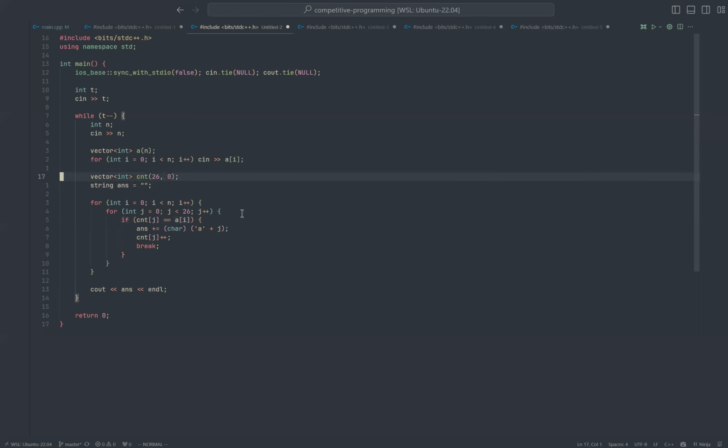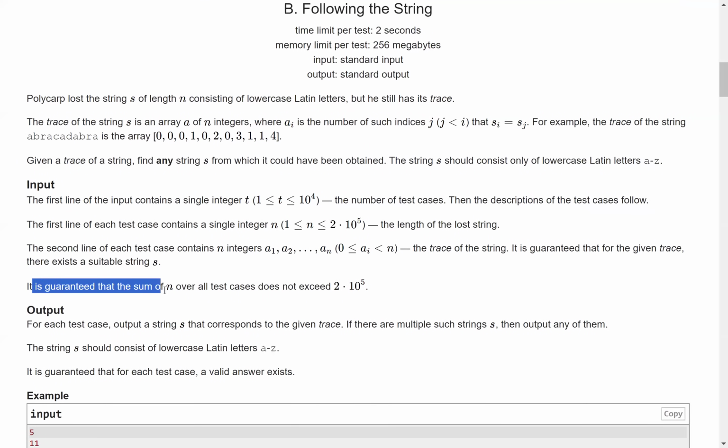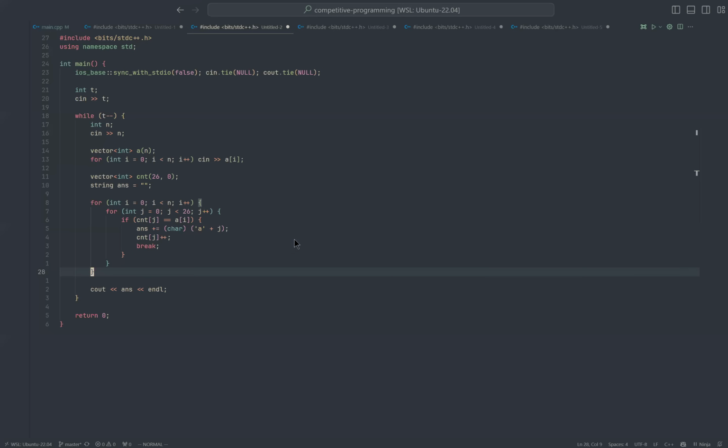Will this not TLE, because n has a bound of 10 to the power 5, and t is 10 to the power 4, so 10 to the power 9, right?